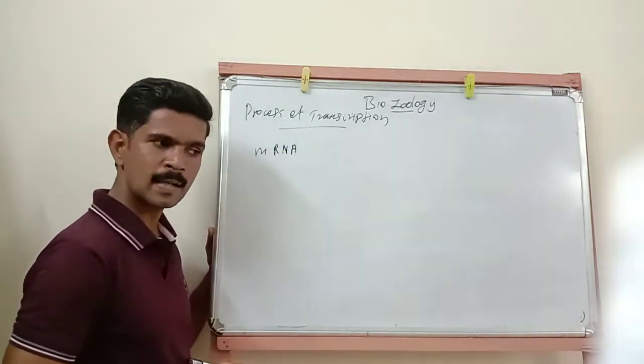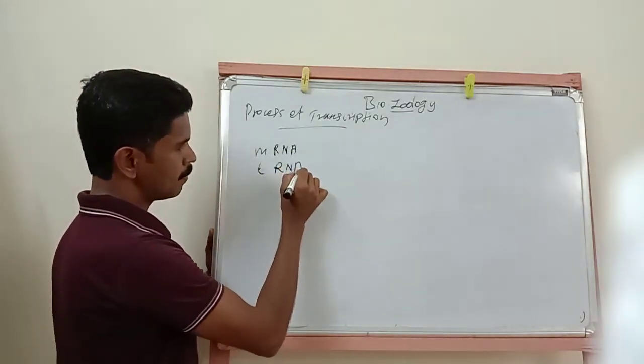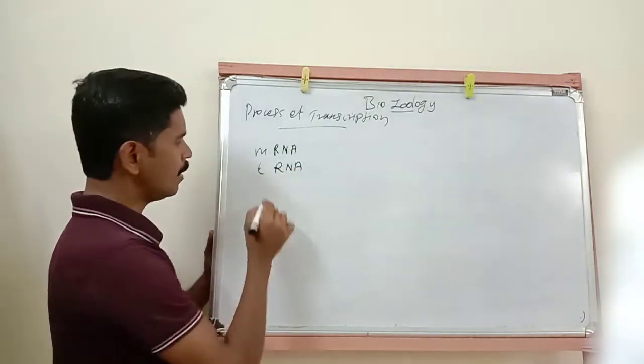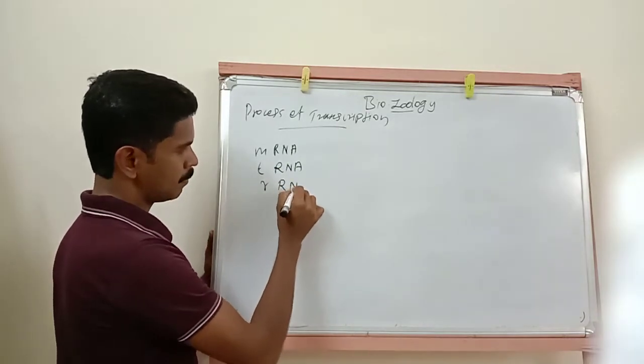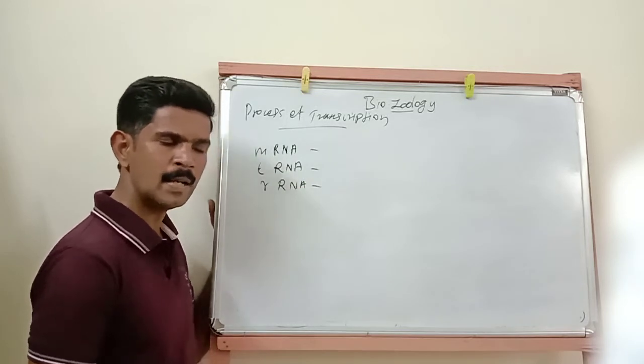So there are three types of RNAs present in our body cells.